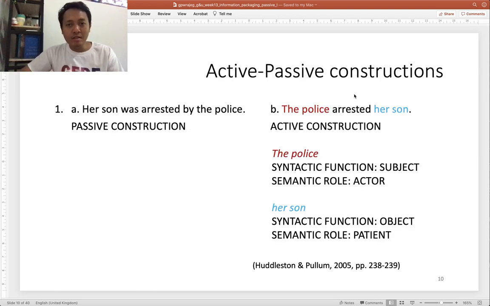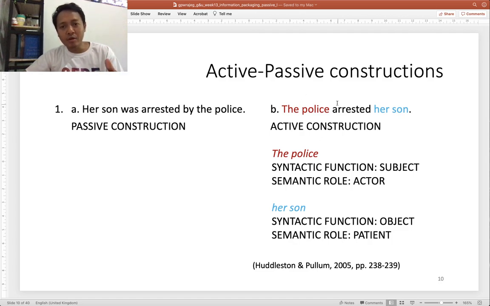All right, this is the same example as before in 1A and 1B. Her son was arrested by the police, the passive. The police arrested her son, the active. As said in the previous slides, in this active construction the syntactic function subject is linked with the actor role, the more active participant.